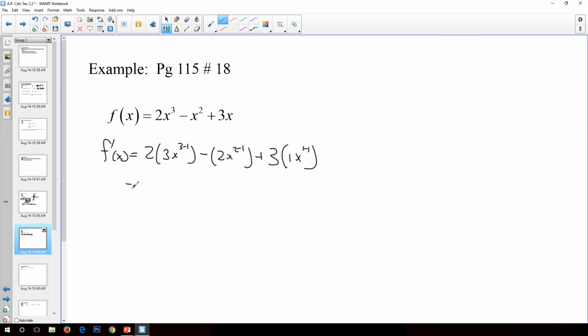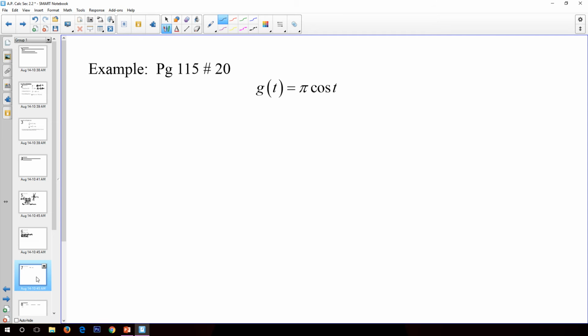That simplifies to 6x squared minus 2x to the first, which I wouldn't write. And again, anything to the 0 power is 1, so this is going to be 3. This is my first derivative. All right, moving on.